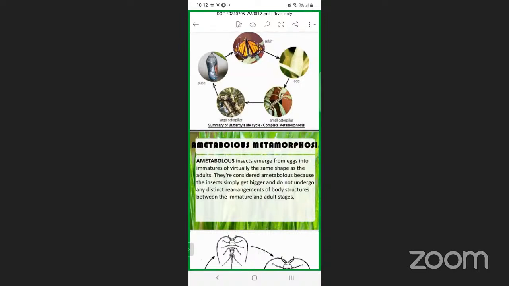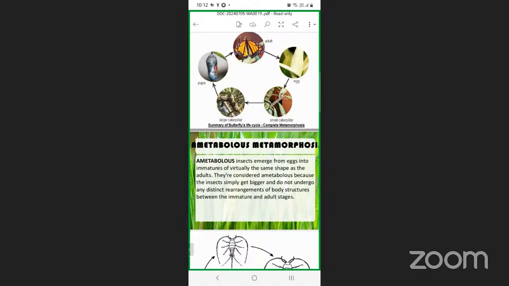In ametabolous, the insects emerge from the eggs into immatures of virtually the same shape, and they remain like that till the adult stage. They will be the same as how they were born from the egg.